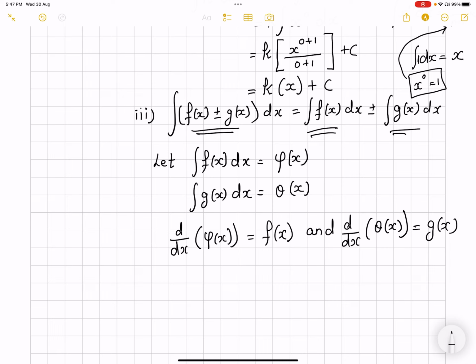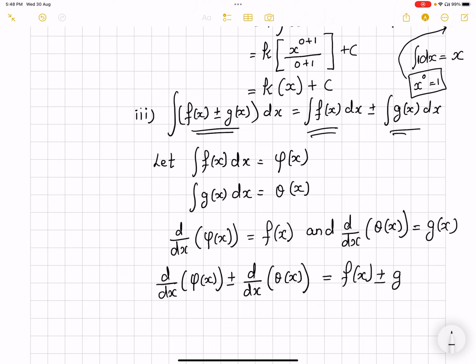Okay, now we have d by dx of phi of x plus or minus d by dx of theta of x, which is nothing but my f of x plus or minus g of x.